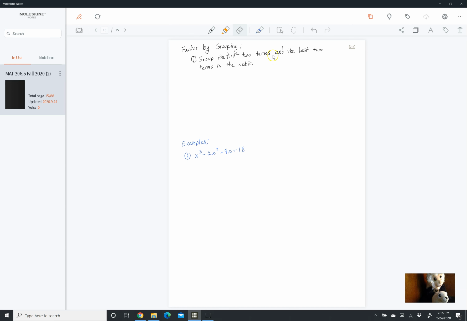Okay, well, if we're grouping the first two terms and the last two terms, what we're doing is taking the x cubed minus 2x squared, grouping that, and then grouping the negative 9x plus 18. Okay, so this negative is included in the second group. The next thing that we're going to do is identify a common factor in each group.